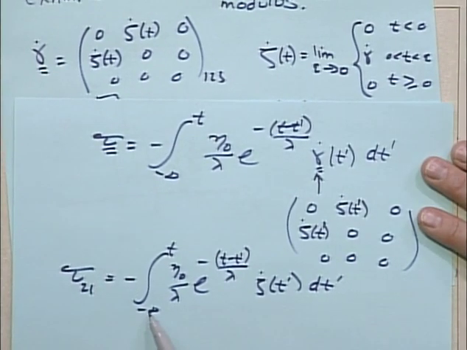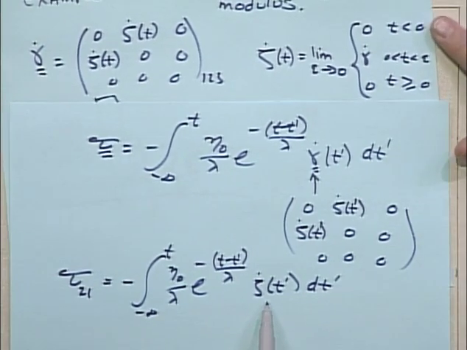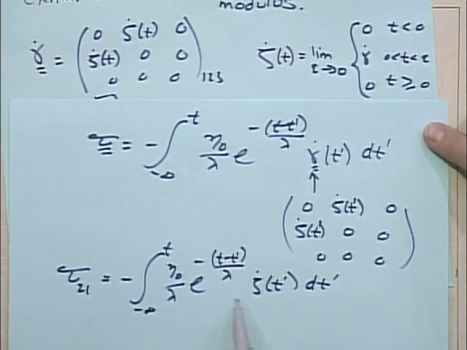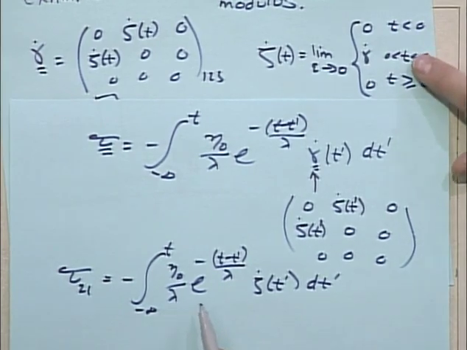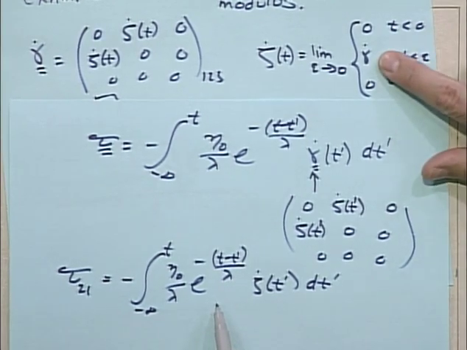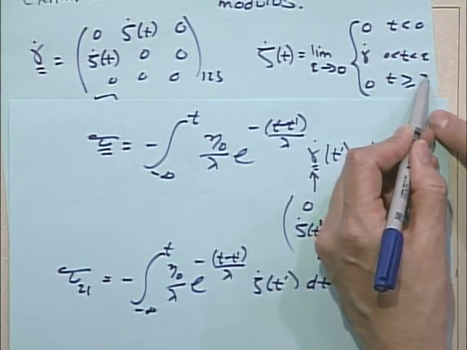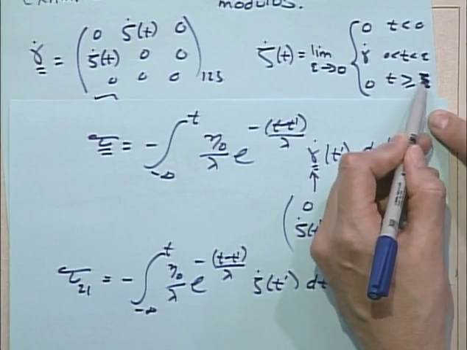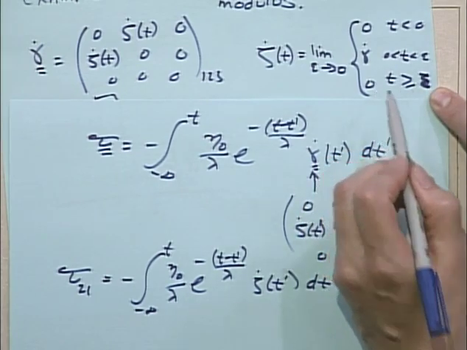So from minus infinity up to 0, what's sigma dot? 0, right? Because as long as t prime is less than 0, it's 0. And then from 0 to epsilon, it's something, right? And this is epsilon, actually. There's a typo there. For t greater than epsilon, it becomes 0 again.